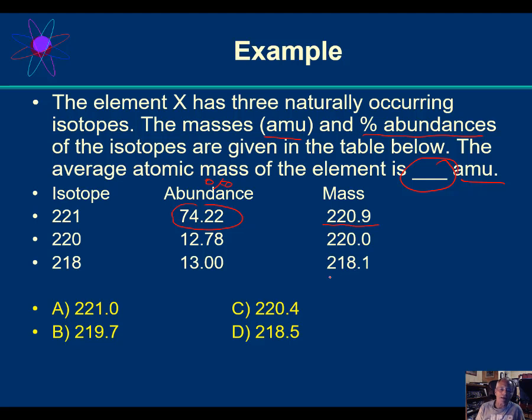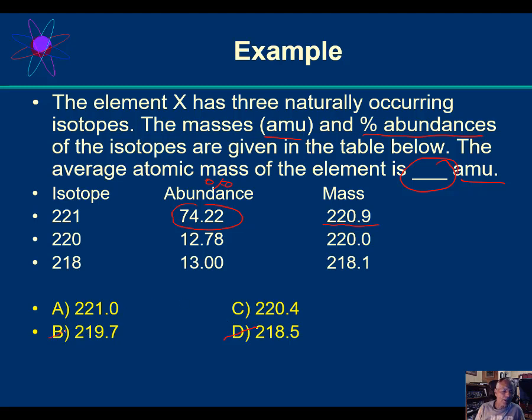Now, I do see that isotope 218 is considerably lower than the other 2 isotopes, so I'm guessing we're going to get something in between 220.9 and 220. It's not going to be down there. So I could probably eliminate 218.5.